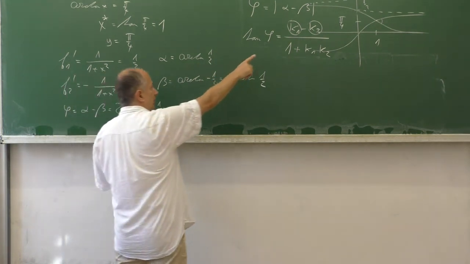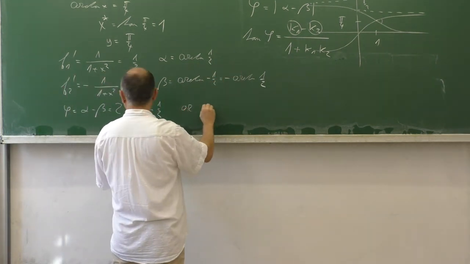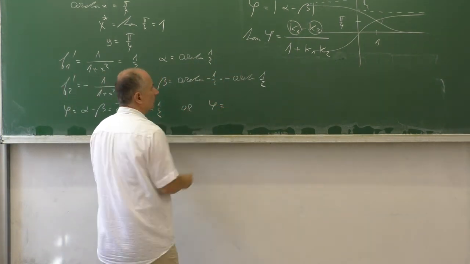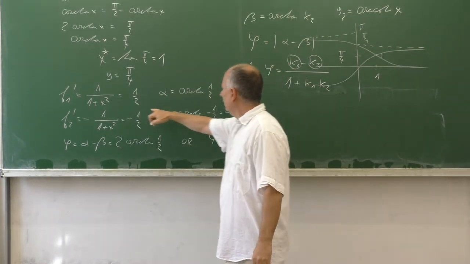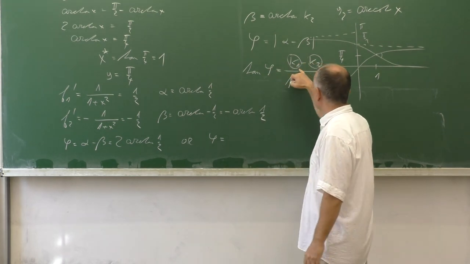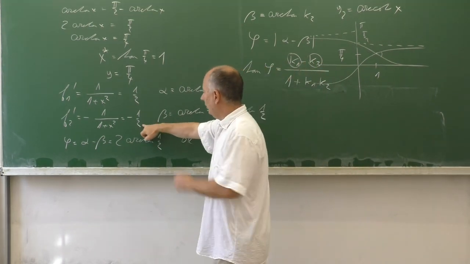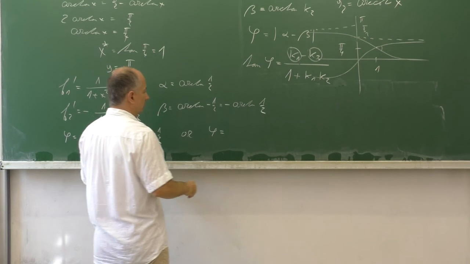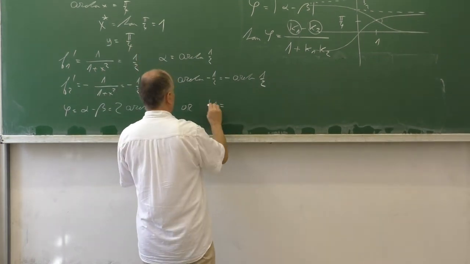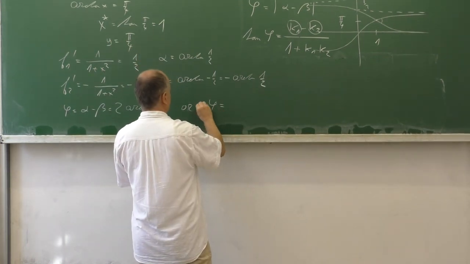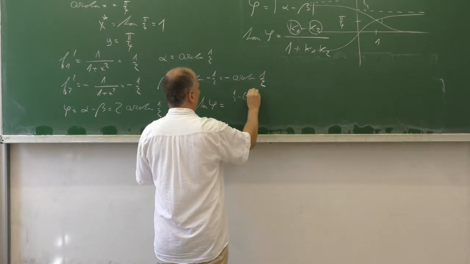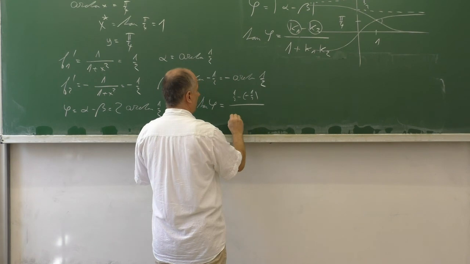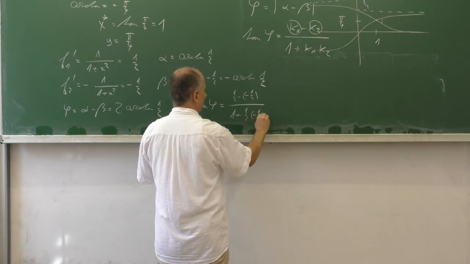Or we can use this formula, and we can substitute 1 half for k1 and minus 1 half for k2, and then tangent of phi will be 1 half minus minus 1 half, divided by 1 plus 1 half times minus 1 half.